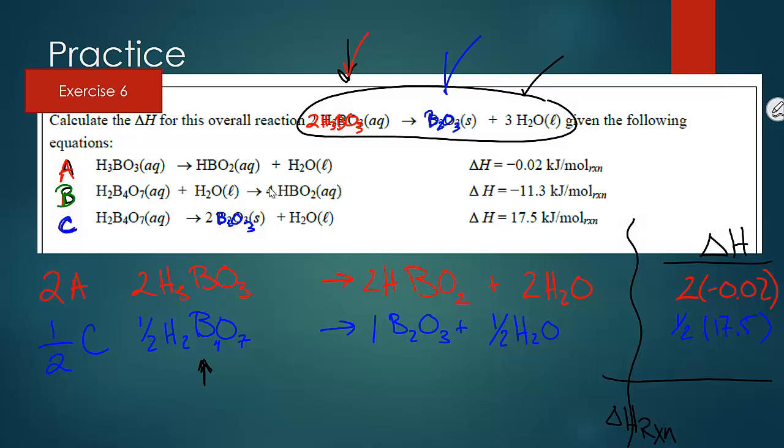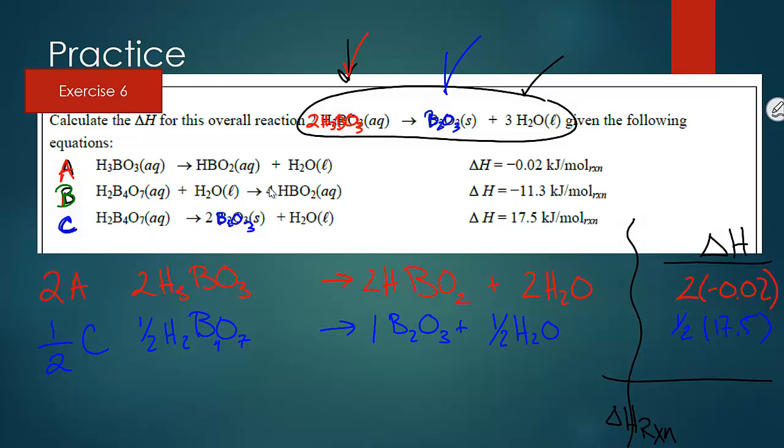So H2B4O7 appears in reaction B. So I need reaction B, but I need it so that H2B4O7 is a product.